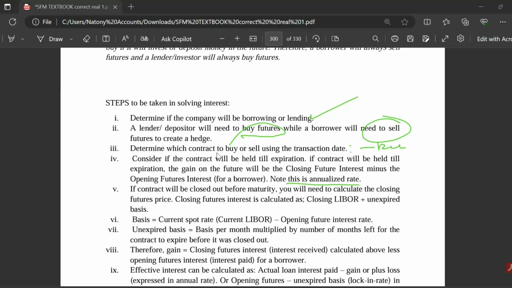If the contract will be closed before maturity, you will need to calculate basis. The next, you'll be looking at the calculation of the gain or loss on the contract, if any. Then the effective rates.